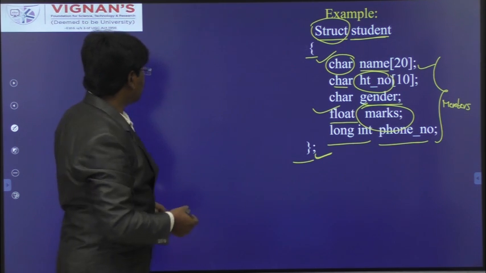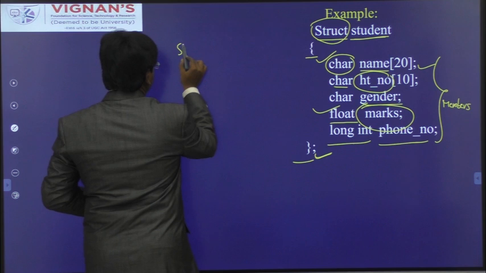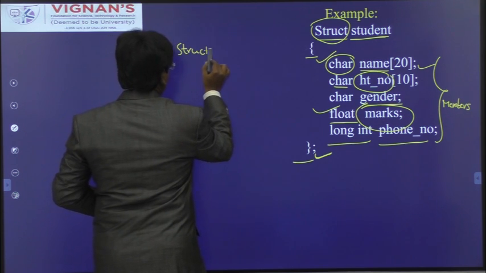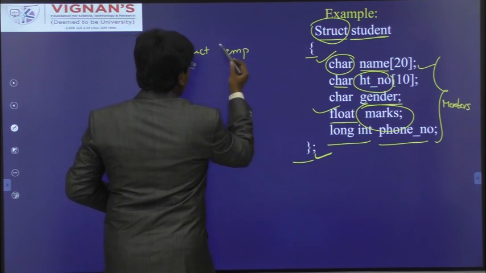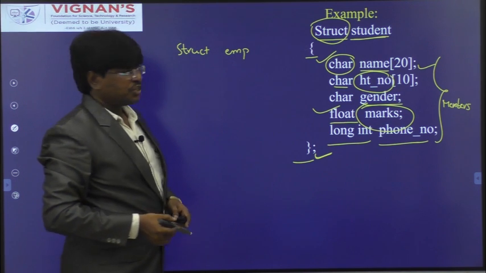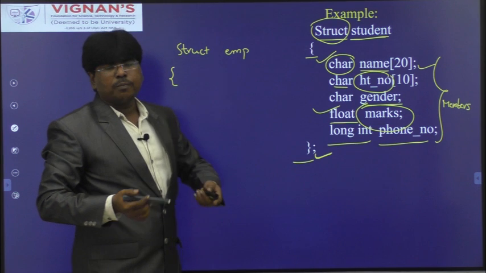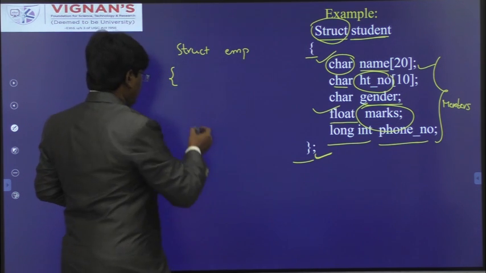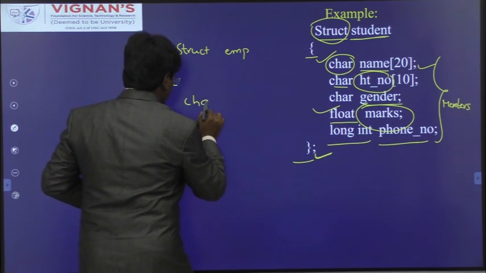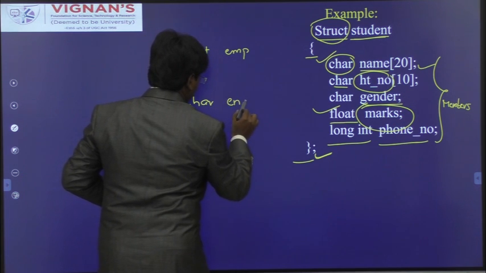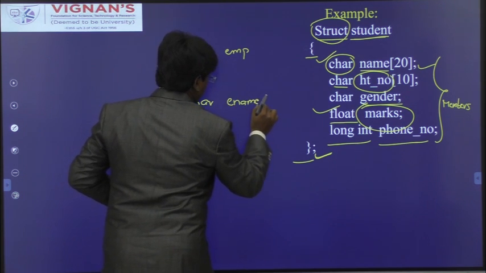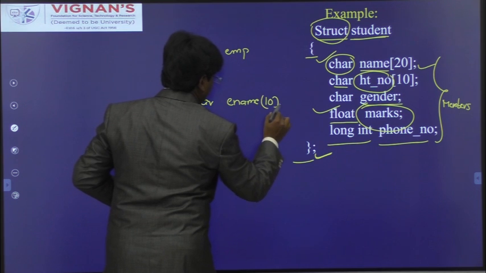So this is a small example of declaring the student structure. For example, take the employee structure. Here I have used the struct keyword. You can practice at home. I have taken the employee structure, and my structure name is EMP. How many attributes will a general employee consist of? Employee name: I have taken char ename, where ename is nothing but employee name, and I have taken an array here.